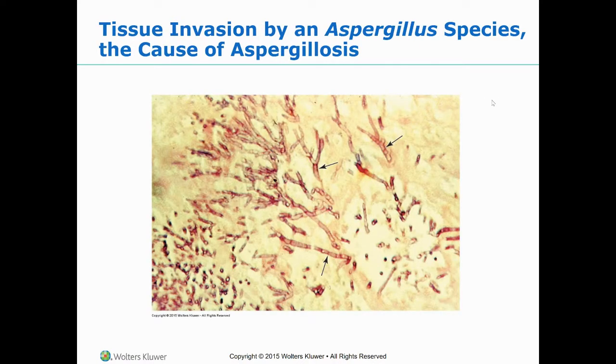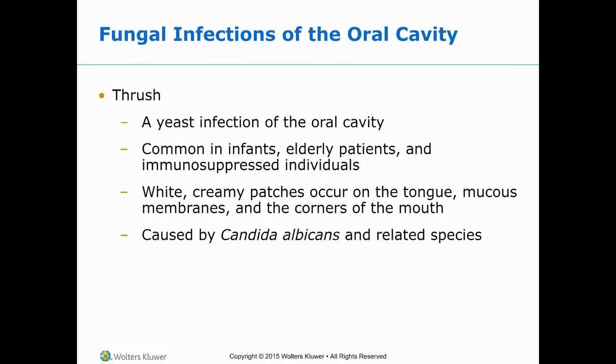Okay, so this is just how essentially yeast invade the tissues. So the big one here, Candida albicans, as if I haven't said this enough throughout the semester. This causes thrush, which is a yeast infection within the oral cavity. The most common cause of thrush is usually Candida albicans, but it can be caused by other related species as well.